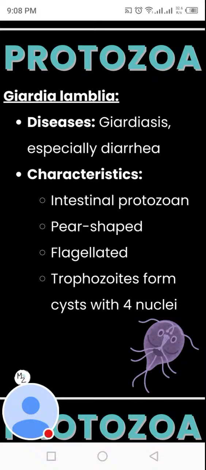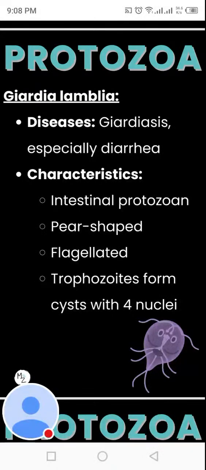And this is the trophozoite with 2 nuclei in it, and when the conditions are not favorable, this converts into cysts which contain 4 nuclei. And cysts are resistant to unfavorable environmental conditions like desiccation, hot temperature, nutrition deficiency, or any other kind of severe conditions.